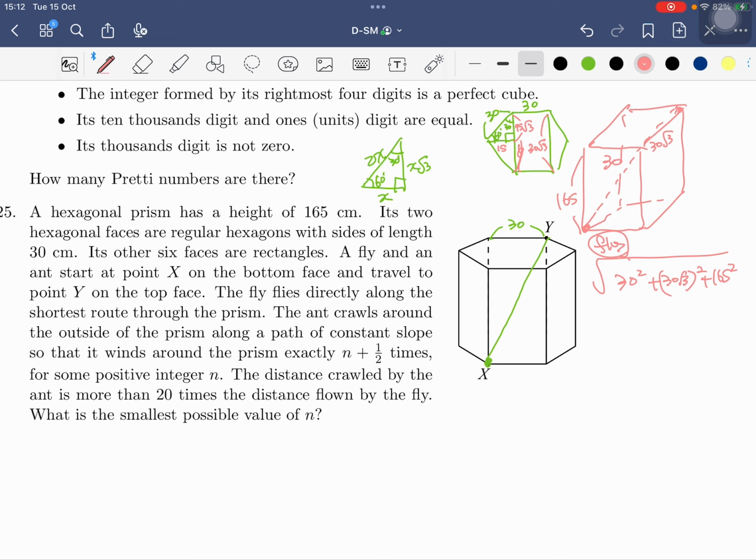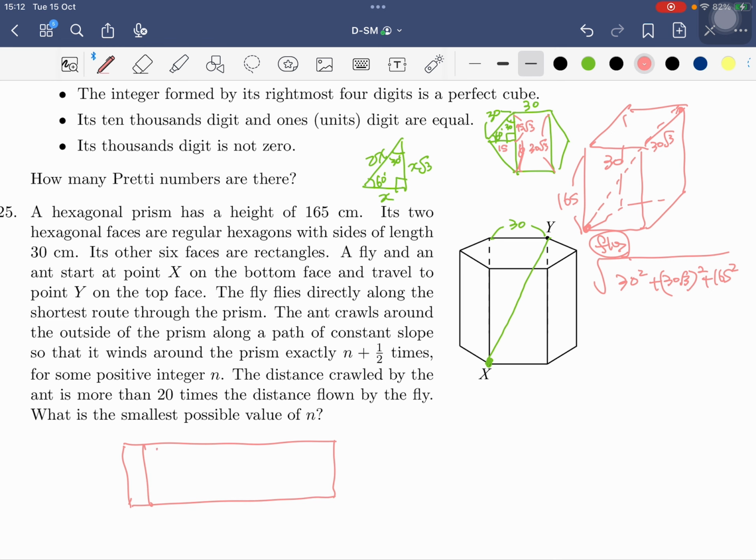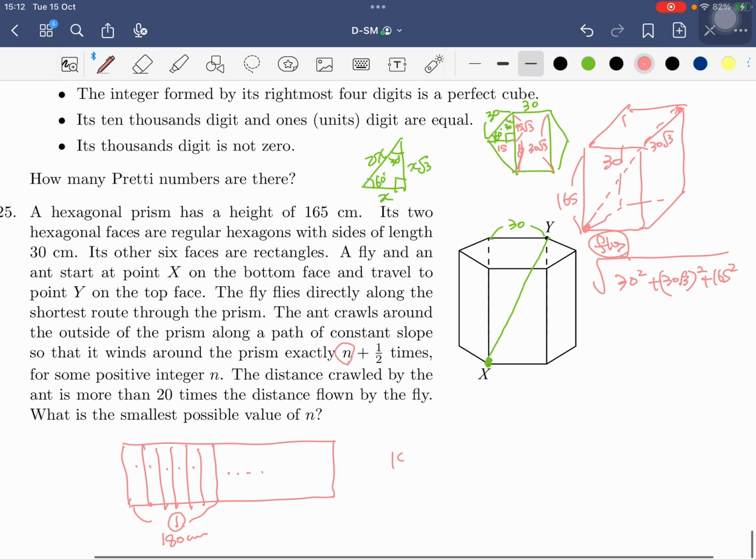Now we need to calculate the ant's trajectory. If we expand the faces, there are 6 of them: 1, 2, 3, 4, 5, 6. One time around is 180 centimeters. Because it says n times, it is 180 times n, and the half means plus 90.